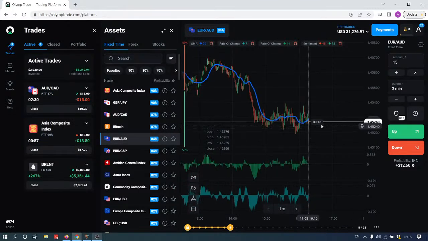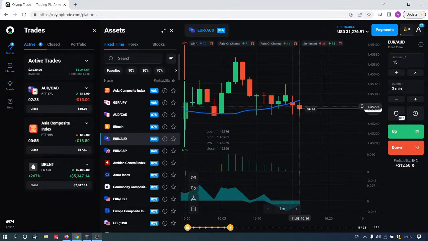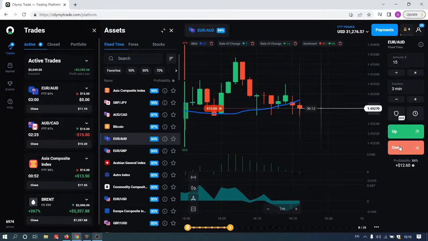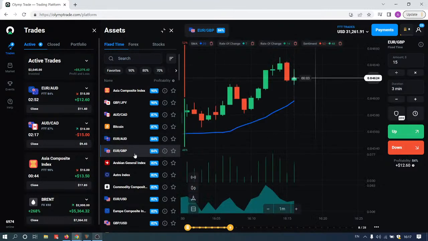So what comes next? Yes, let's open a trade on the euro against the Australian dollar in the downwards direction. The signal is there, pretty clear, pretty obvious.